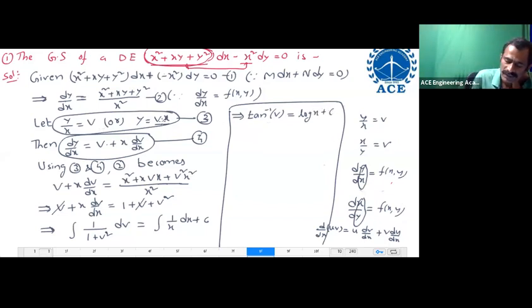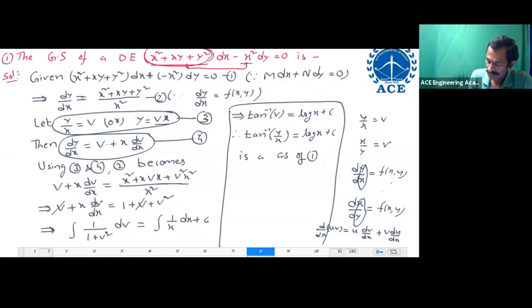But what is v? v is y by x. Therefore, tan inverse of y by x equal to log x plus c is the general solution of 1. The problem is completed.